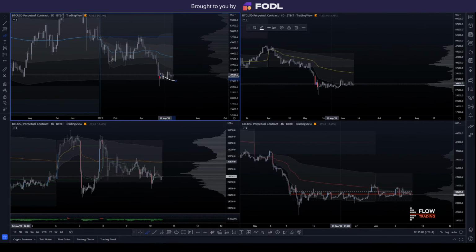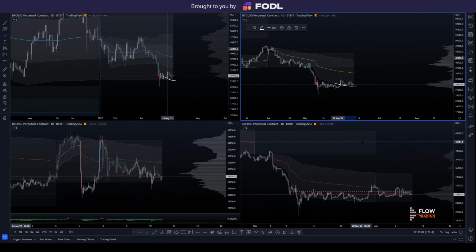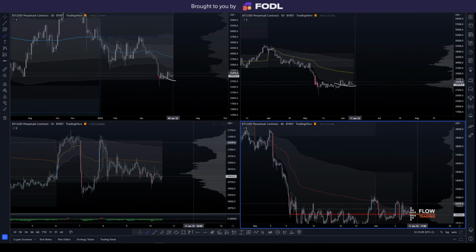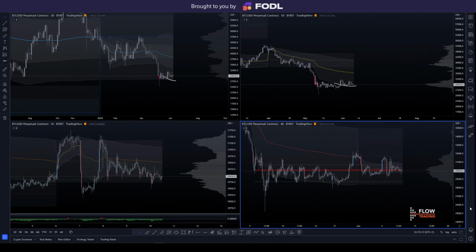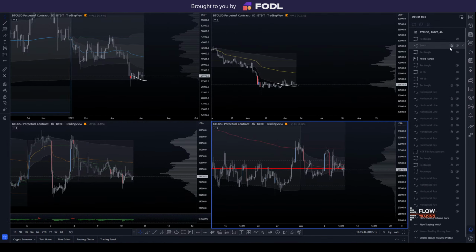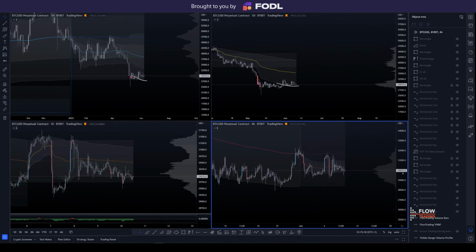Basically above that. We're above the quarterly, and we're rotational between the weekly here on the bottom left hand corner and the monthly here on the bottom right hand corner. Okay, so let me just take this fixed range off so that you can see it a little bit better.